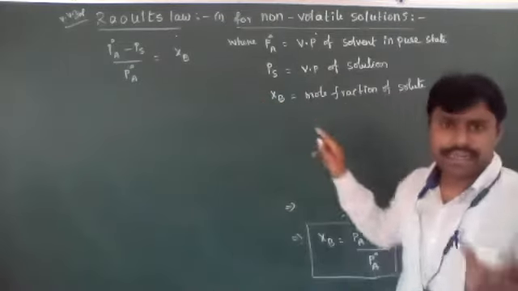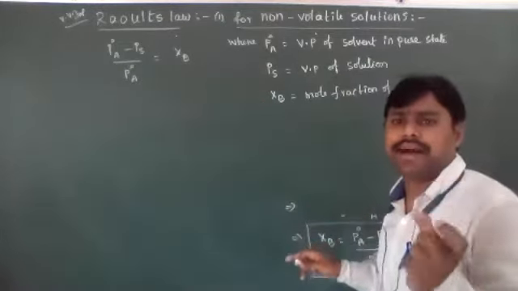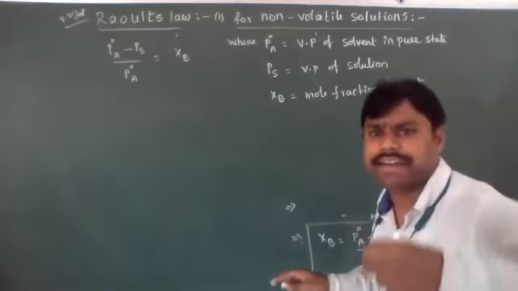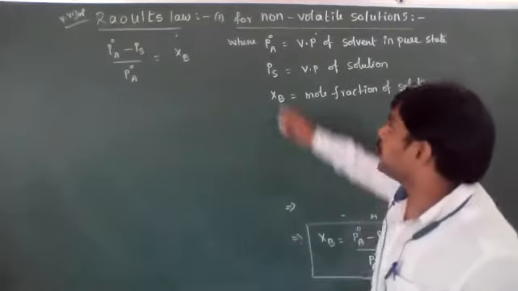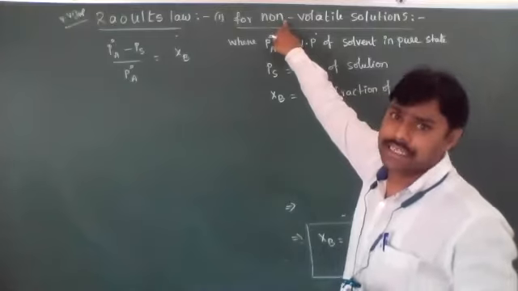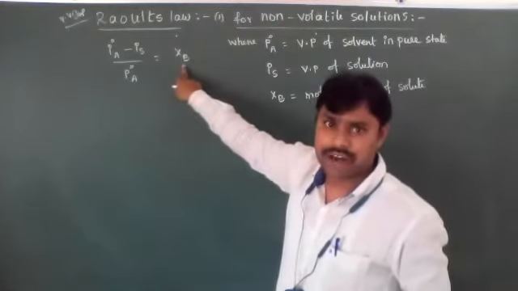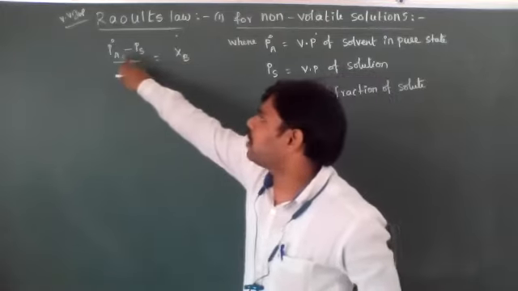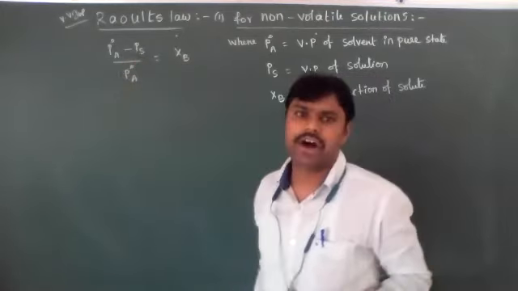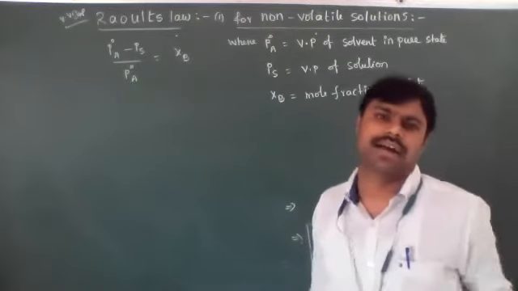So I took a binary solution AB in which A is solvent and B is solute, and the solute is non-volatile. For non-volatile solutions, the mole fraction of solute is equal to (P naught A minus PS) by P naught A, which is Raoult's law formula.